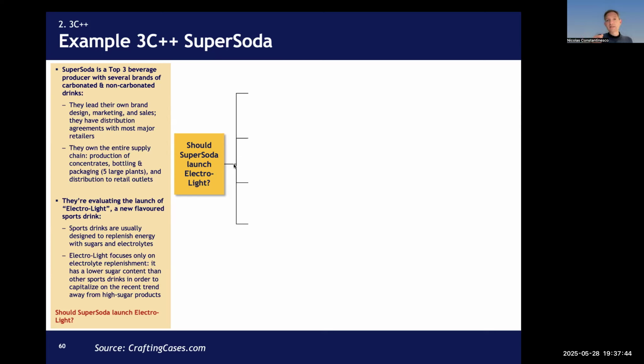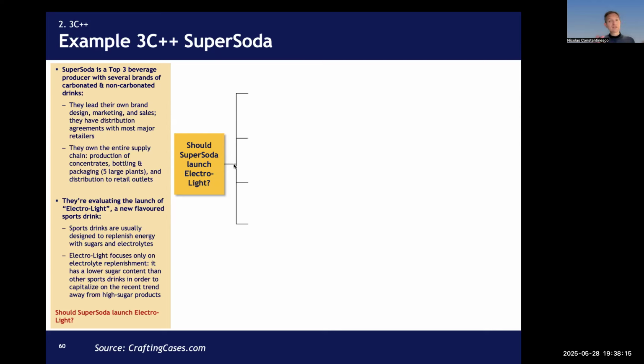It replenishes electrolytes, that's its main function, but it also includes sugar, in part because the sugar gives an initial boost, but also sugar is sweet and therefore tasty. But this company is thinking about entering the market with a sports drink that replenishes electrolytes but without sugar, because sugar is unhealthy and there's a big anti-sugar craze, etc.